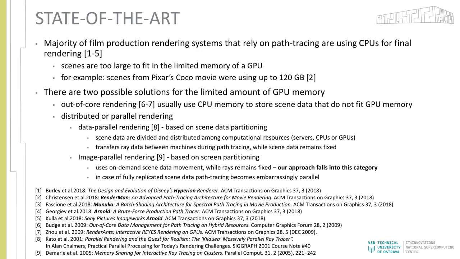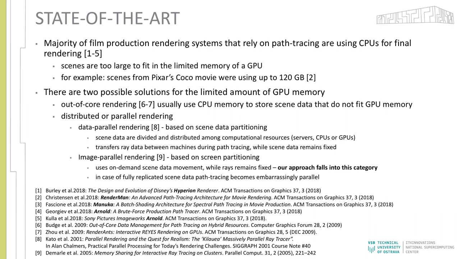There are two possible solutions for the limited local memory. The first one is to use an out-of-core technique. The second one is distributed or parallel rendering. In case of parallel rendering, there are two different approaches: data parallel rendering or image parallel rendering.